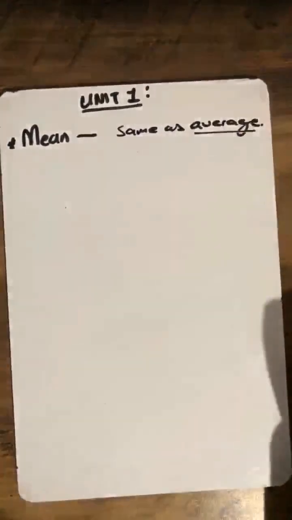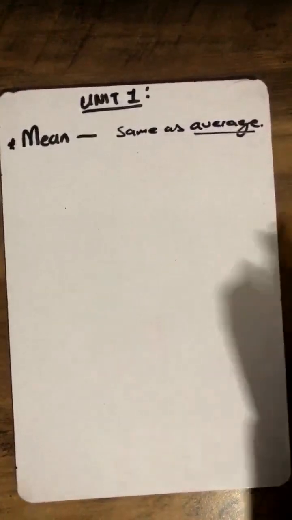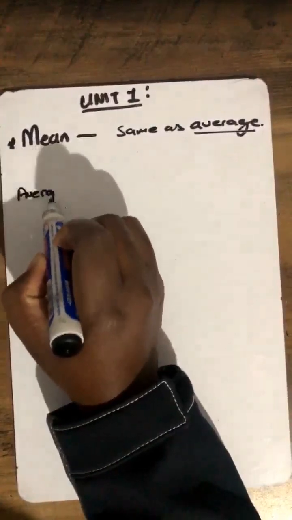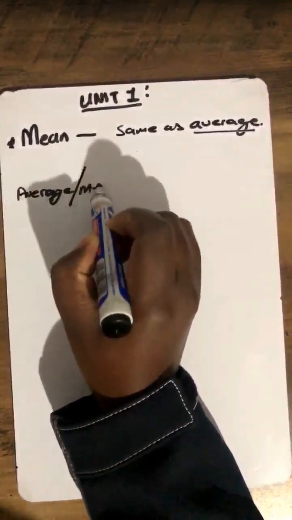So that means the examiner can talk about the mean or the average. The average or the mean. This average or the mean, it has a formula. So it's either you regard that as an average or the mean.